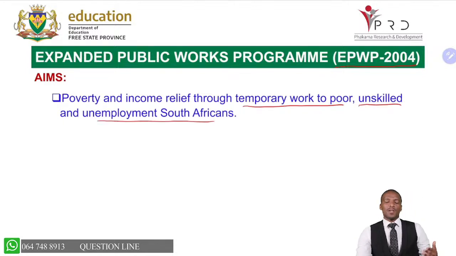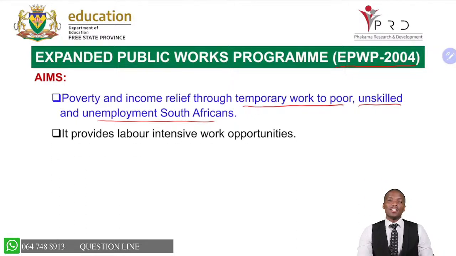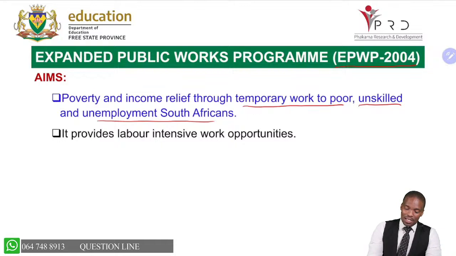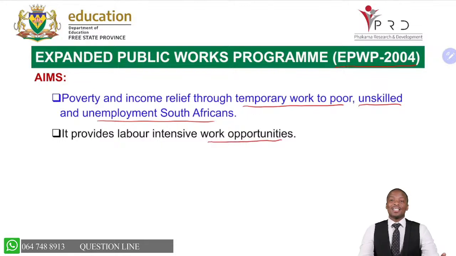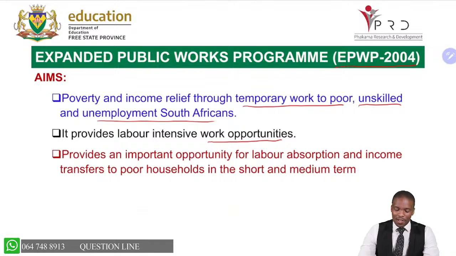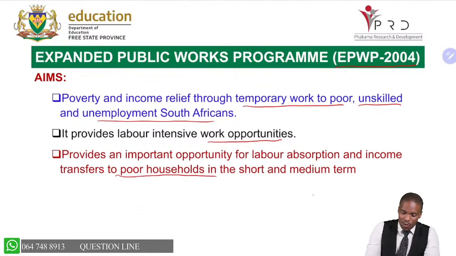I know you see them in communities that we live in, the ones that will be sweeping the streets, the ones that will be cutting the grass, and they wear the orange costumes and so on. That is because they are hired through what we call EPWPs, or Expanded Public Works Programmes. It provides labor-intensive work opportunities because those people are hired in numbers. It provides an important opportunity for labor absorption and income transfer to poor households.